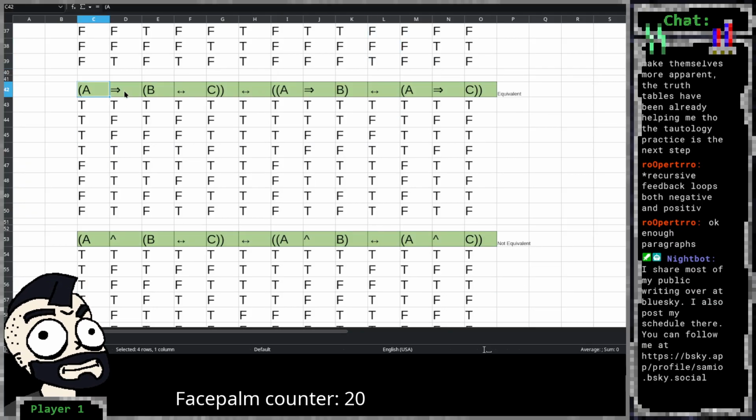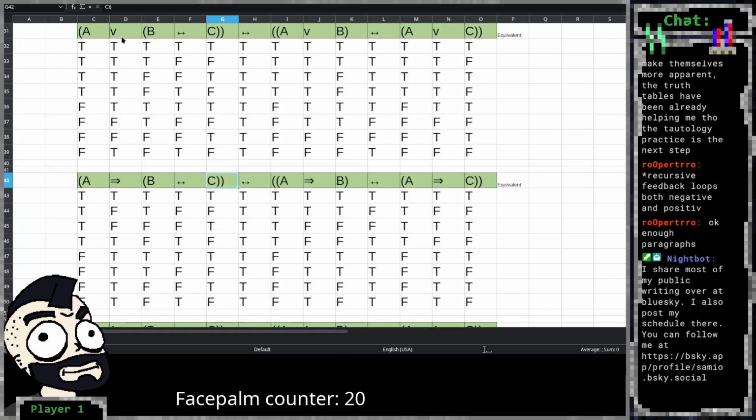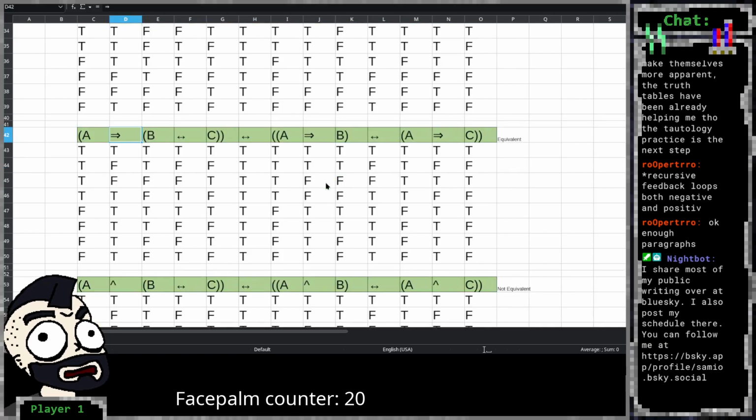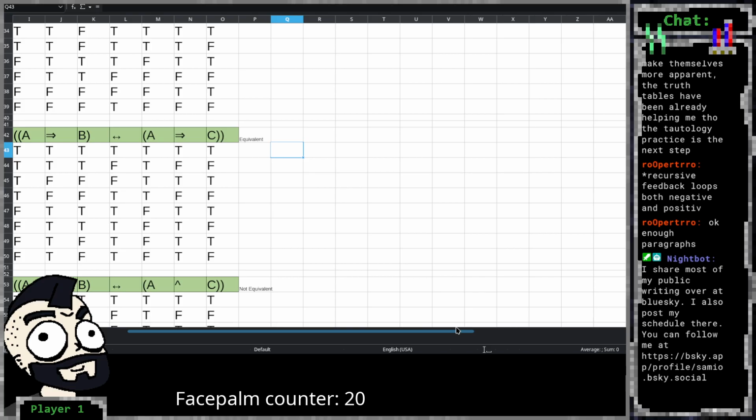Okay, then we have A implies B if and only if C. So very similar to the previous one, except that instead of disjunction, we have conditionals. I know that a conditional is equivalent to... Okay, I think I'll type this out over here.